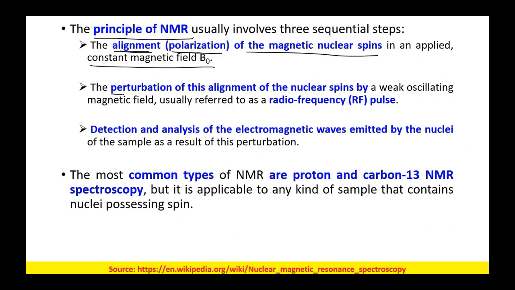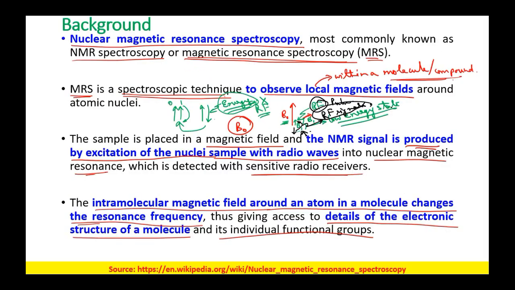Then the second step is perturbation of this alignment by a weak oscillating magnetic field, usually referred to as a radio frequency pulse. What I told you in the second step is that we apply an RF pulse so that this B1 magnet goes to the high energy state.